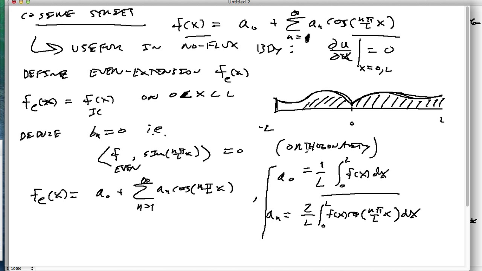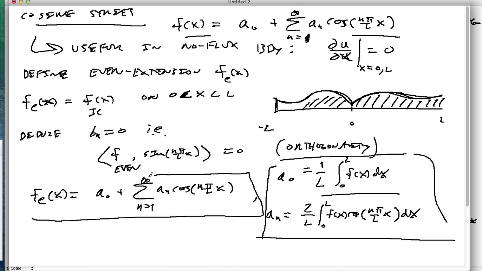So those are our formulae for computing the coefficients for our even extension when we're dealing with problems of a no-flux boundary. All right, so those are our equations for our Fourier series. So thank you very much.